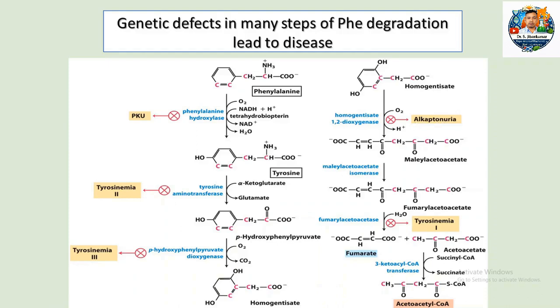Another metabolic disease is alkaptonuria. It occurs when there is no functional homogentisate 1,2-dioxygenase enzyme.